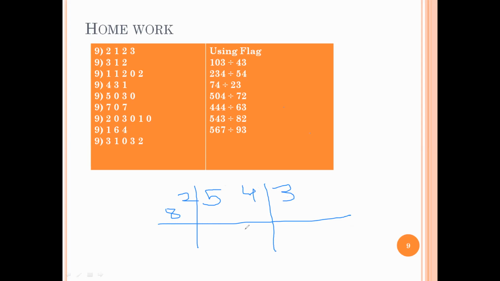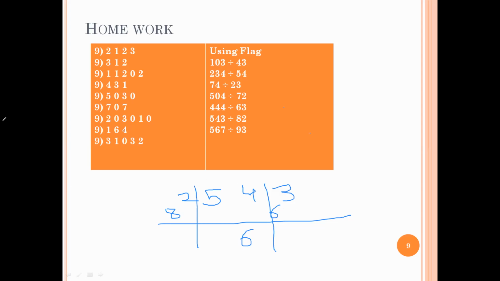How much is it? 8 sixes are 48. What is the remainder? 6. Six. Again, it is easier.